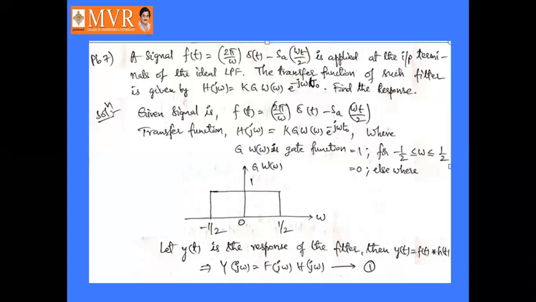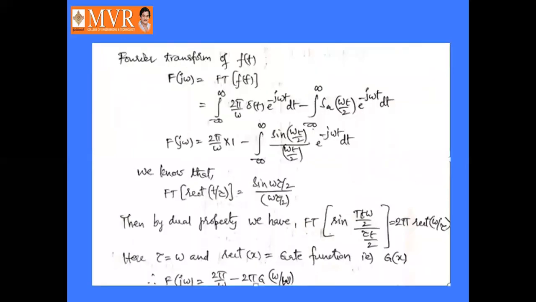So y of t equal to f of t convolved with h of t is the convolution in the time domain, whereas Y of j omega equal to F of j omega into H of j omega is the simple multiplication in the frequency domain.